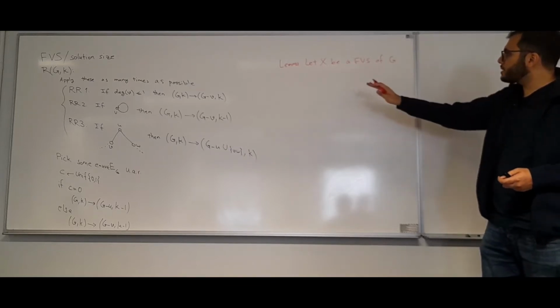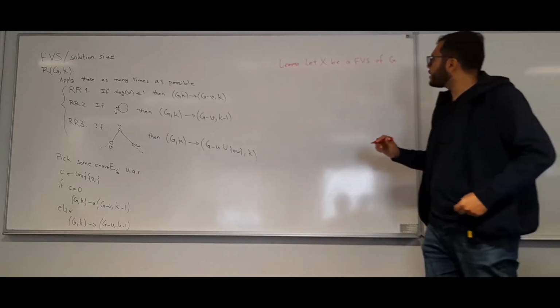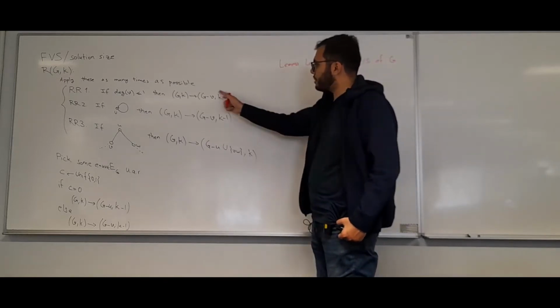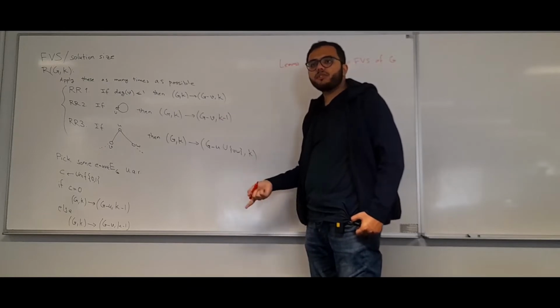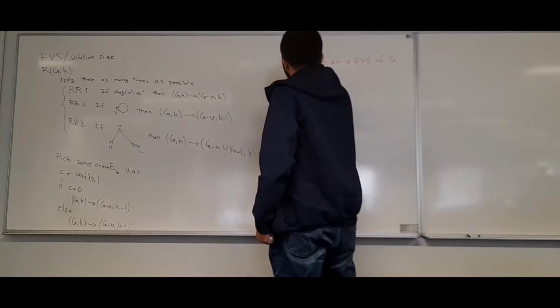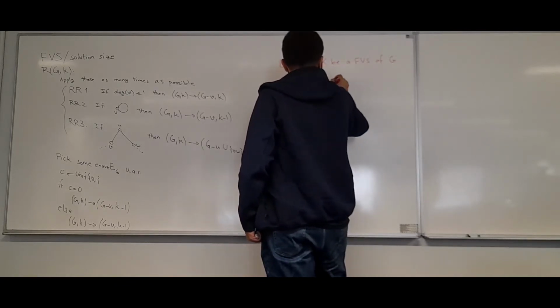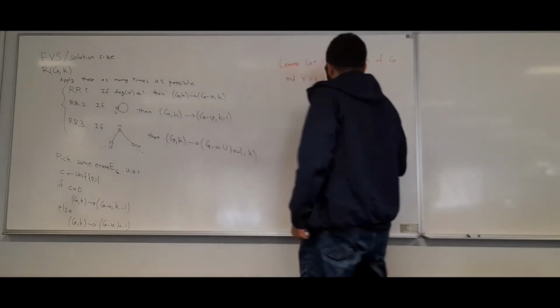So let X be any feedback vertex set of G. And let's say that I've already applied all of these rules. So I know that the degree of every vertex in G is at least 3. So, for every vertex V in G, the degree of V is at least 3.